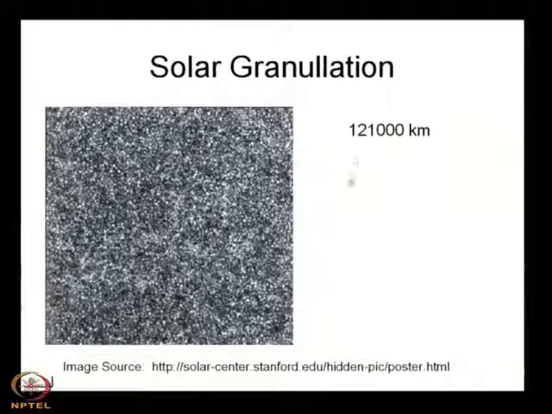The Earth's radius is 6,000 kilometers, so this is roughly 20 times larger than the radius of the Earth. So, you have these granules, these bright spots and these dark spots. This granular structure on the sun is produced by convection that takes place near the surface of the sun.